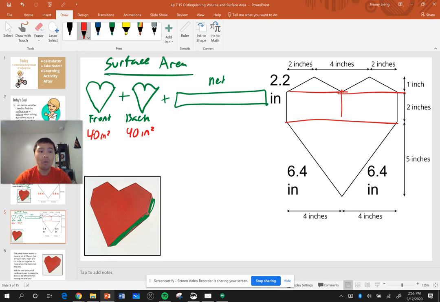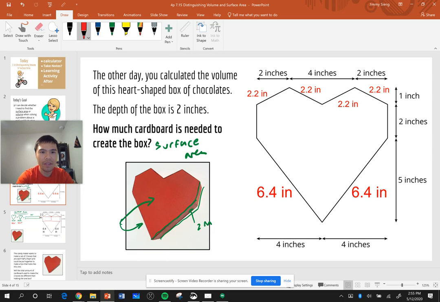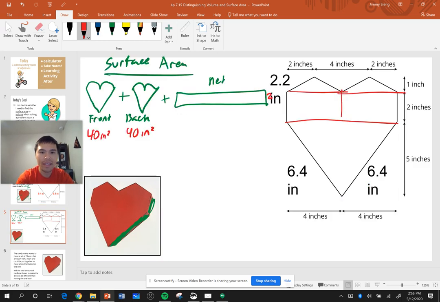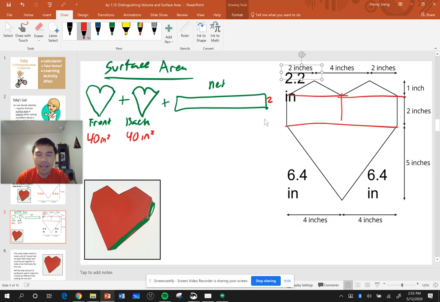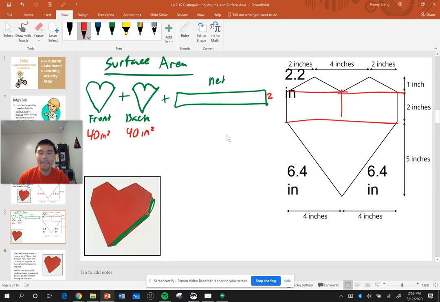Well, my length for sure is going to be 2, because in the example before, you said the box is 2 inches. So that has to be 2. But when you think about it, this width of it is going to be all of these numbers added together.